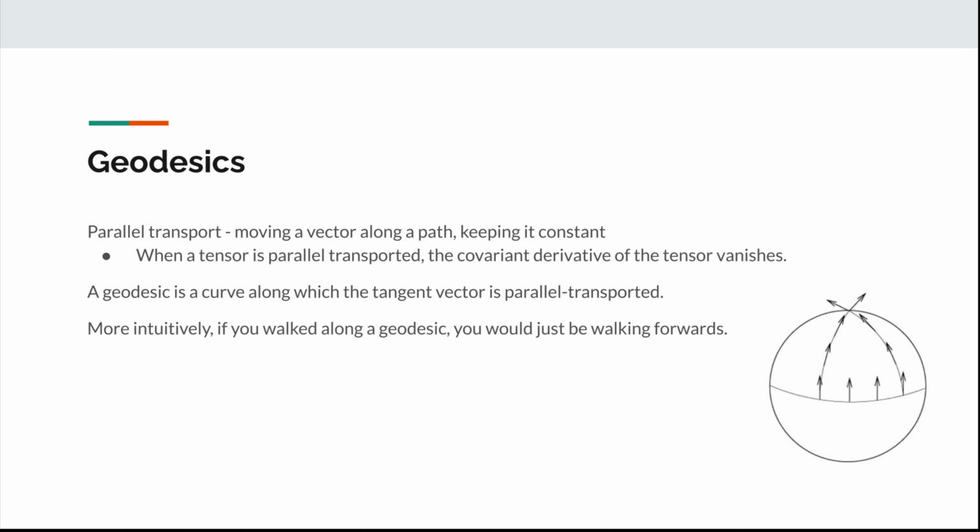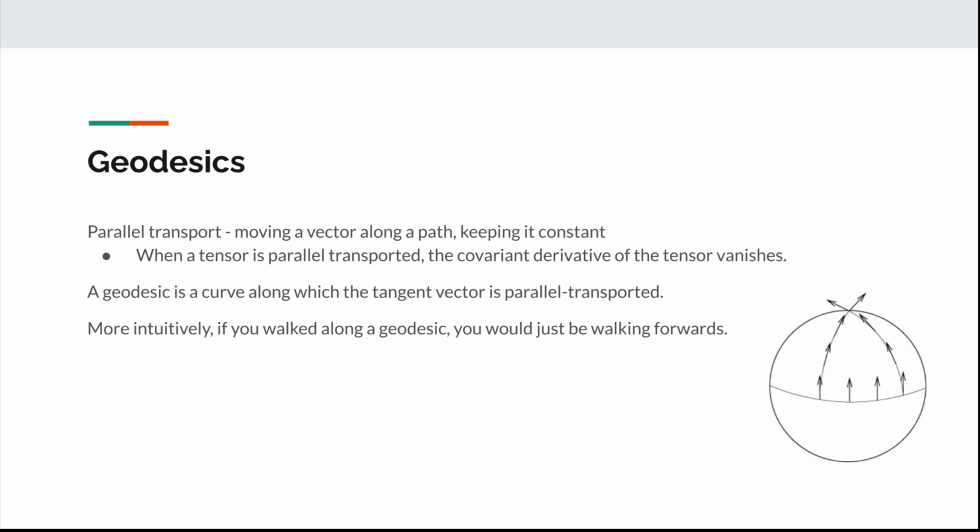The derivative is the rate of change, so it's not changing. And that's exactly what we said parallel transport is, moving a vector along a path while keeping it constant. And so a geodesic is a curve along which the tangent vector, the vector parallel to the path, is parallel transported. Or more intuitively, if you walked along a geodesic, you would just be walking forwards.